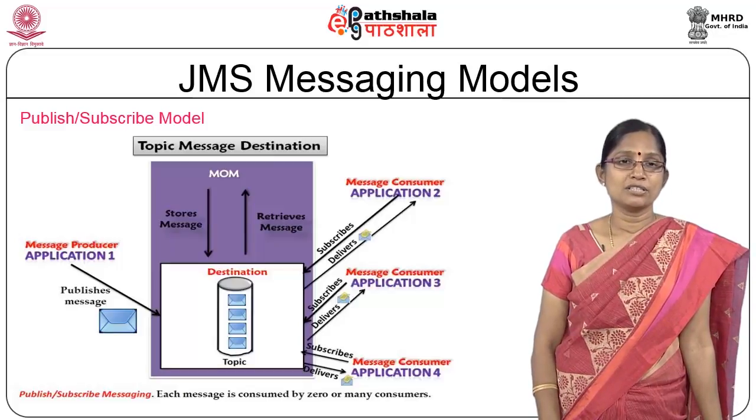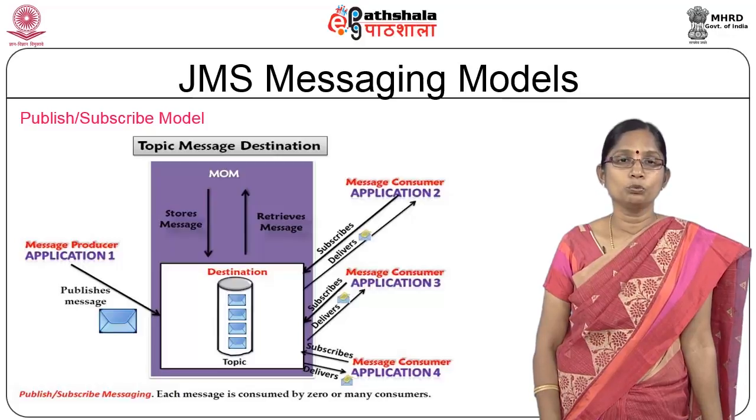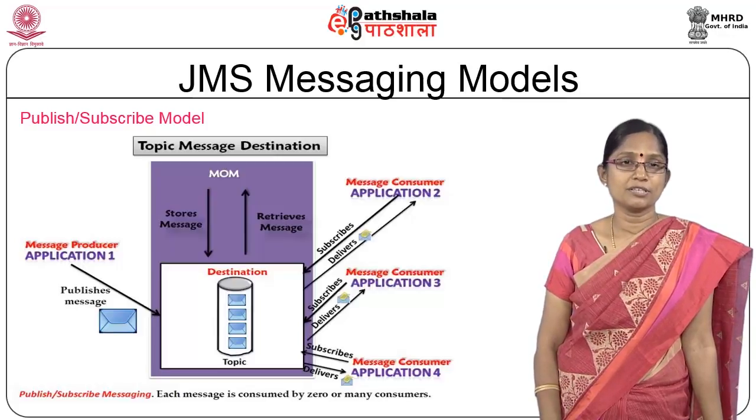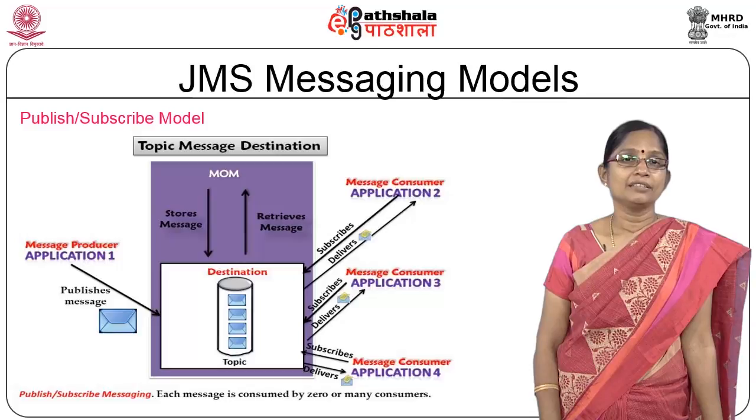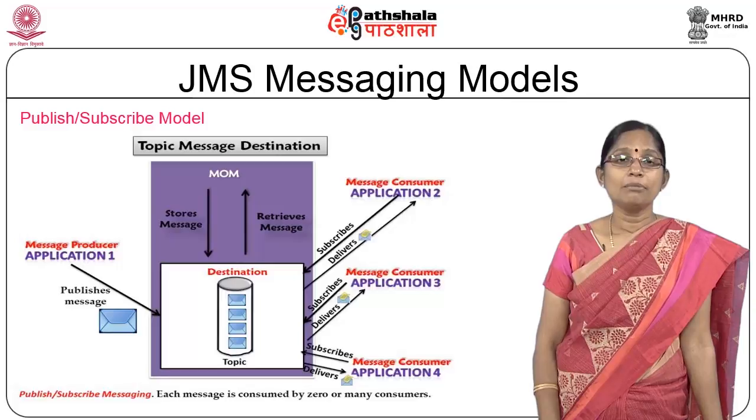Again, the message destination. In the message destination, we are seeing a topic rather than a queue. So topic is going to be the representation of the destination, and the message provider is responsible for having this destination. One application is going to publish the message. Publishing the message is nothing but sending the message to the topic, but the message on the other side is consumed by many.